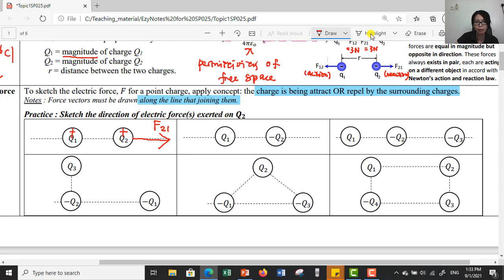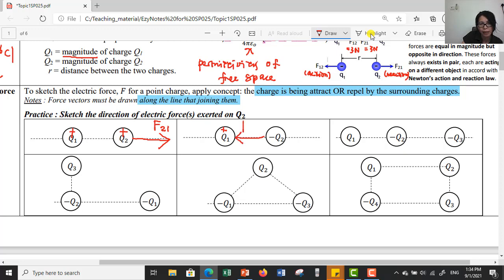Jelas? So kita practice lagi. Let's say I have Q2. Sekarang Q2 adalah negatif. Q1 adalah positif. So charge negatif Q2 akan rasa force daripada Q1. Sebab Q2 adalah charge negatif, Q1 adalah charge positif, Q2 akan rasa attraction force ke arah Q1.